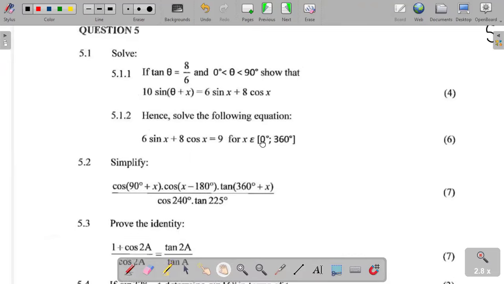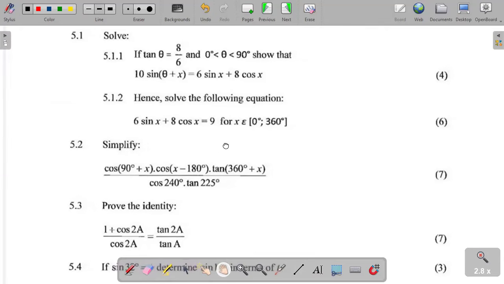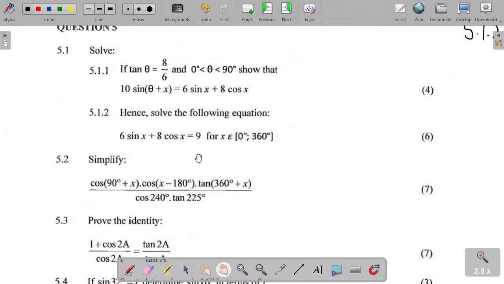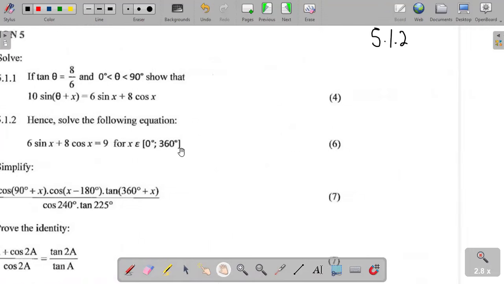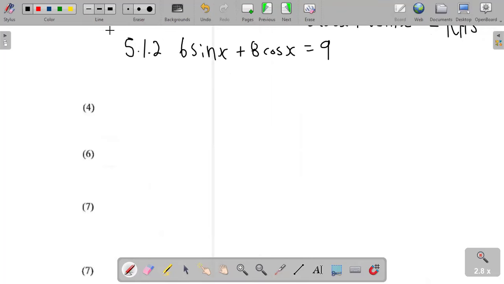They say, hence, solve the following equation: 6 sin x plus 8 cos x equals 9, where x is between 0 and 360 degrees. So 6 sin x plus 8 cos x equals 9.